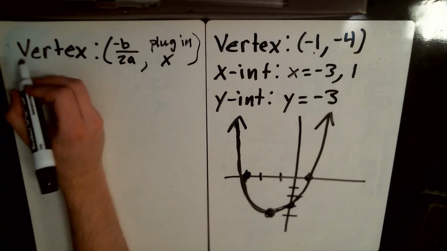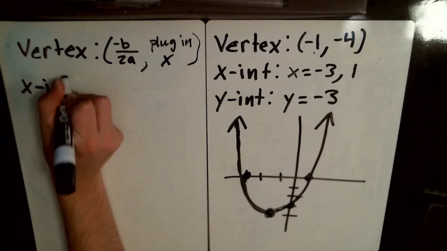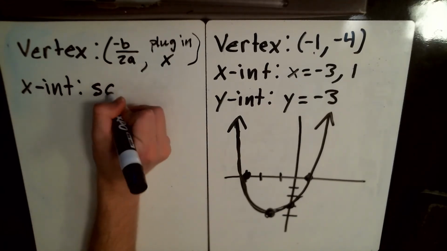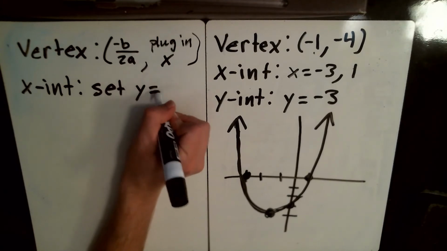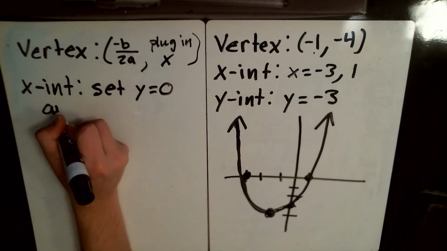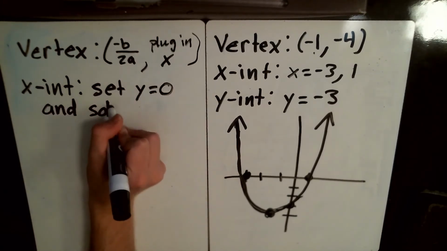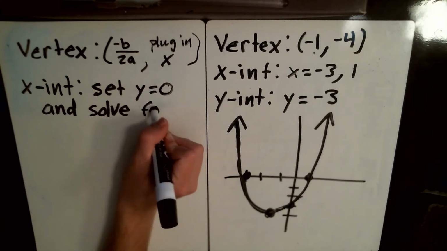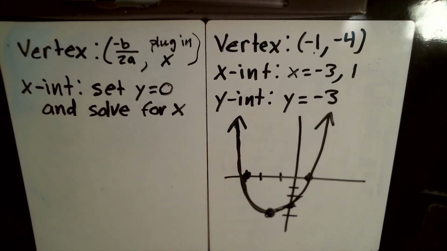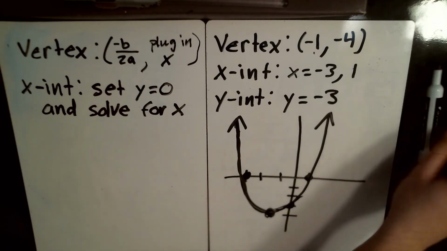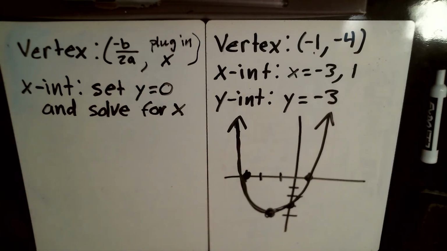Okay, to get your x-intercepts, you're going to set y equal to 0 and solve for x. If you can factor it, that's what you would do to solve it.